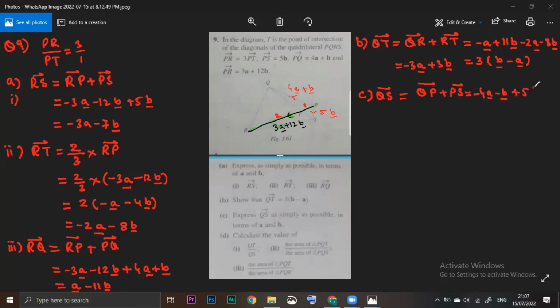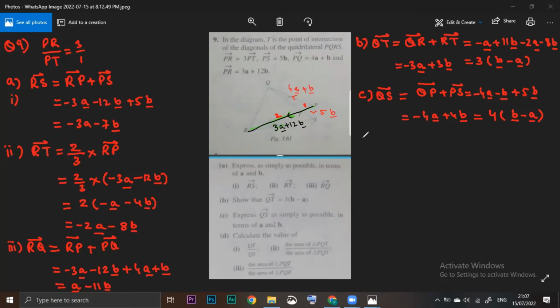The direction is same, so we will not change the sign. Minus 4A plus 4B is equal to 4 into B minus A, the expression for QS.